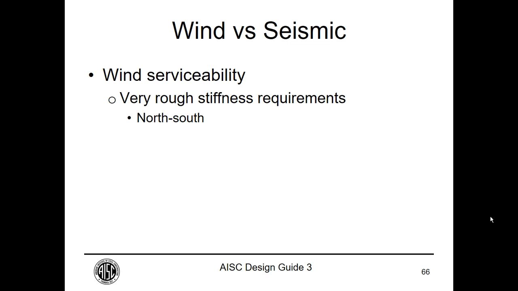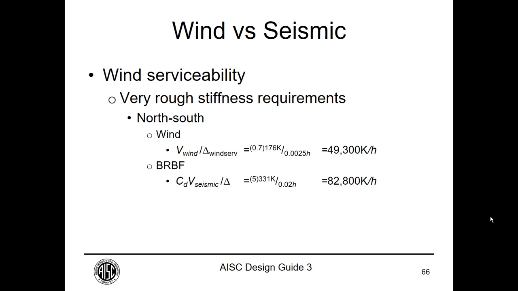So for the wind serviceability, we take the wind base shear, 0.7 times 176 kips, divided by that drift limit, and that gives us essentially a stiffness requirement. In that same direction, our seismic stiffness requirement, looking at the drift limit of 0.02H for the deflection that's amplified by C sub D, we get a stiffness requirement that is roughly twice the wind stiffness requirement.